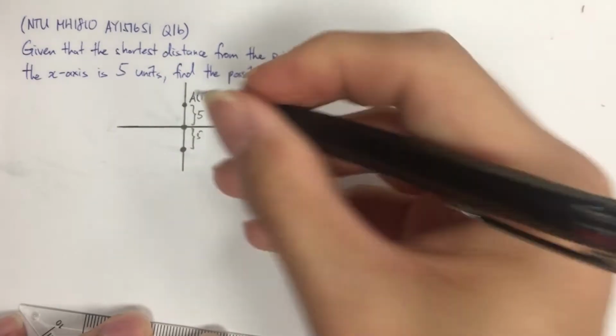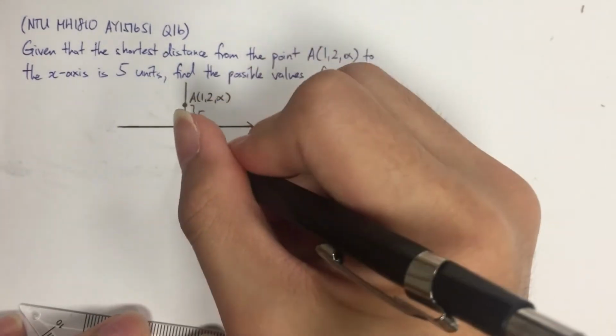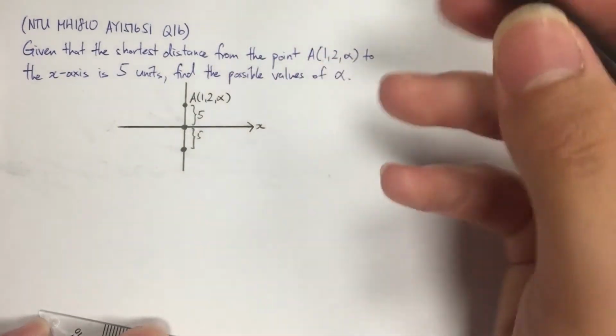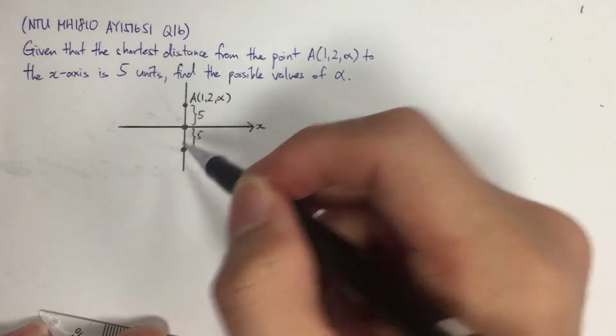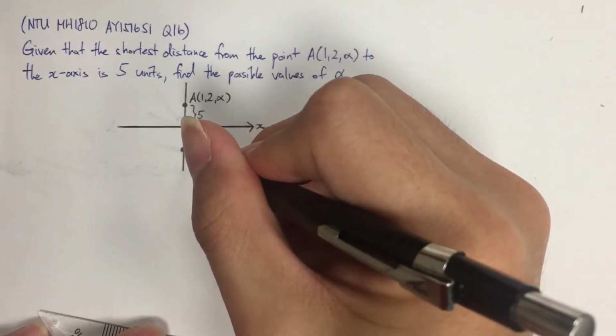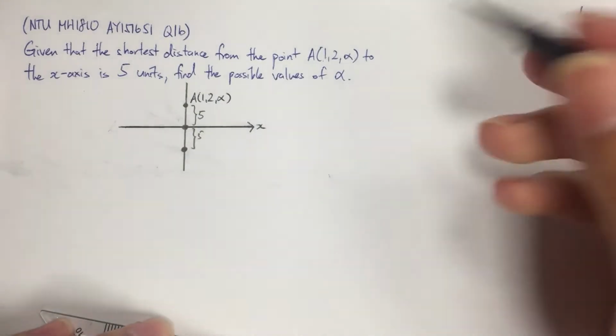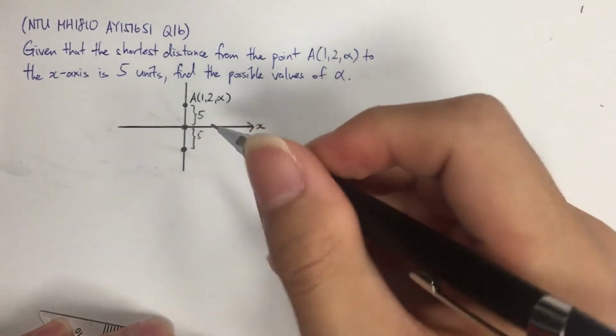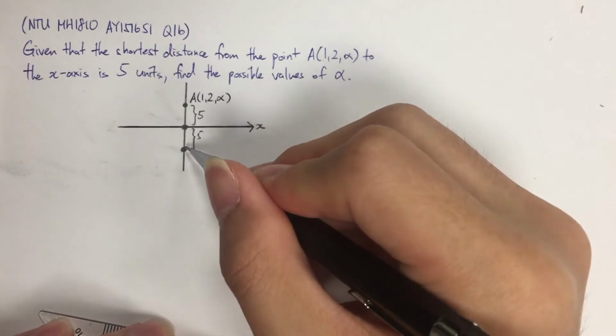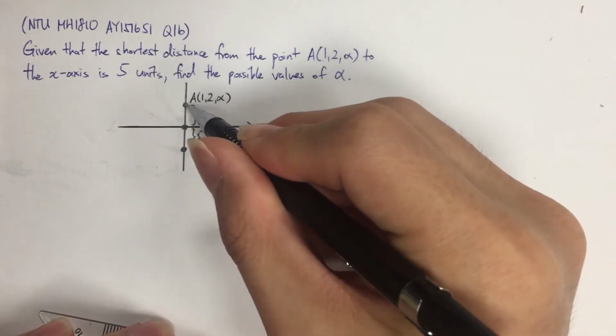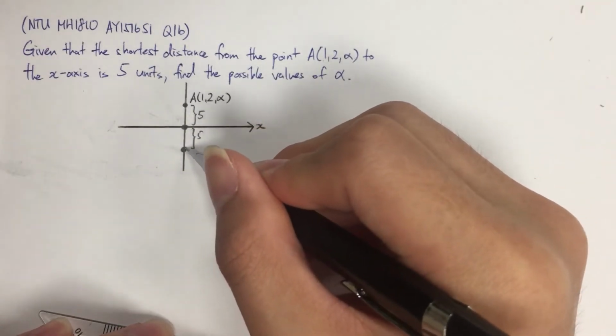This could be another possible point that is distance 5 from the x-axis, and this gives us a hint as to how many values of alpha there are, because we can hypothesize that one value of alpha will give us this point, and another value of alpha will give us this point.